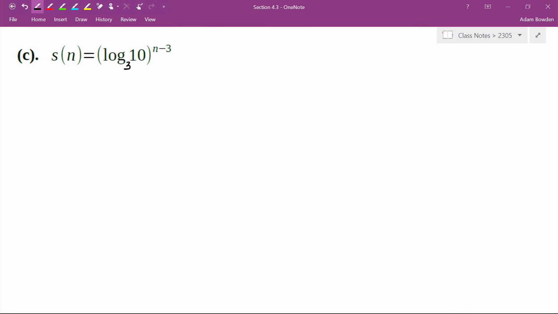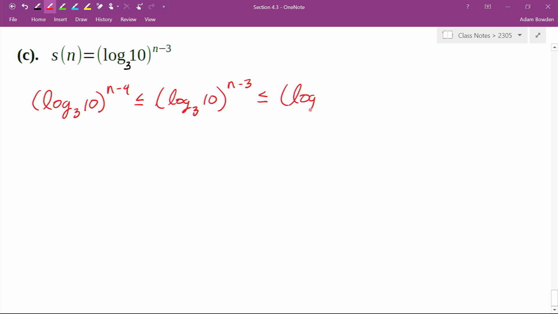So here we're going to establish the big theta notation for log base 3 of 10 raised to the n minus 3 power. And how I'm going to do this is to start off by considering that log base 3 of 10 raised to the n minus 4 is less than or equal to log base 3 of 10 raised to the n minus 3 less than or equal to log base 3 of 10 raised to the n minus 2.